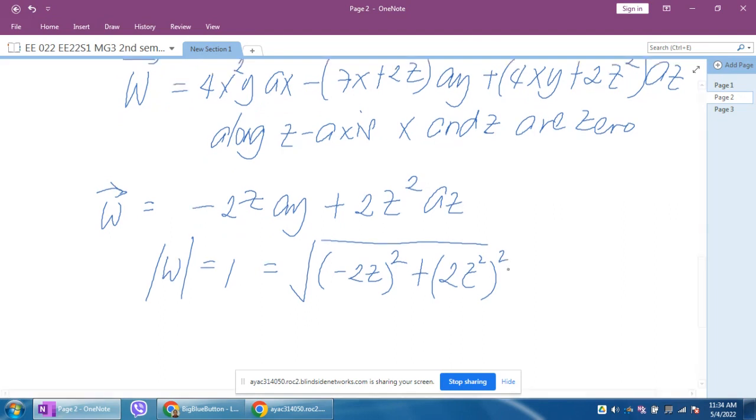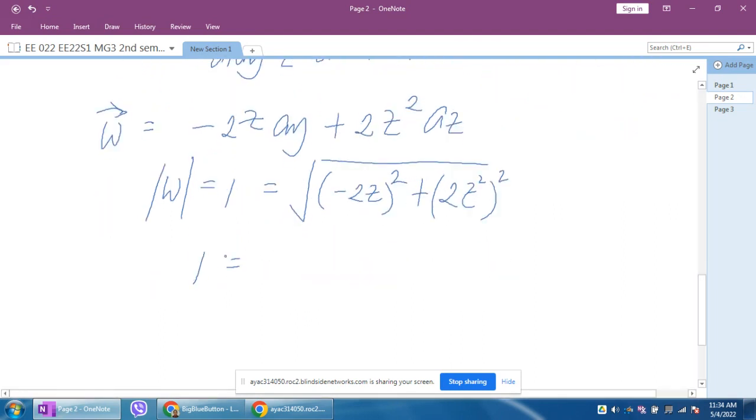So I have here 1 is equal to square root of 4z squared plus 4z to the fourth. Tama po ba? Z to the fourth, sorry.